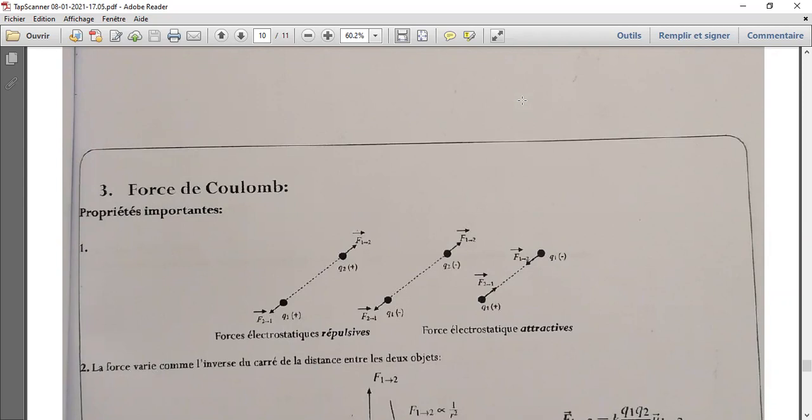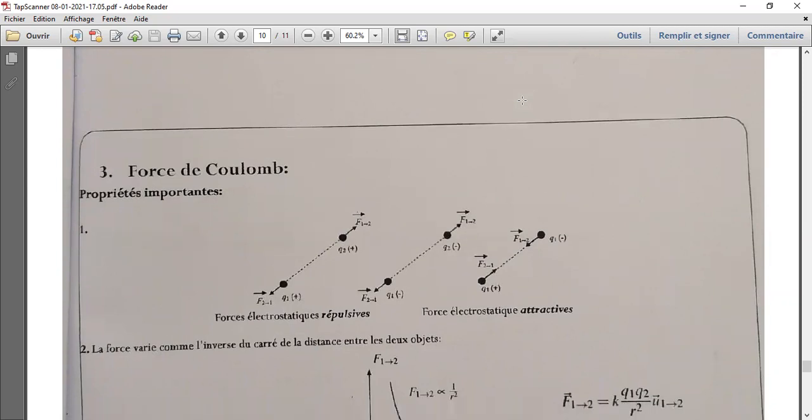Yeah. So there's a first part. These are the different ways in which the charges can be oriented. So you can have a positive charge and a positive charge. When a positive charge causes a force on another positive charge, you have repulsion.